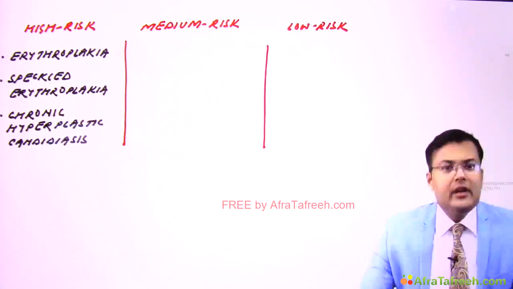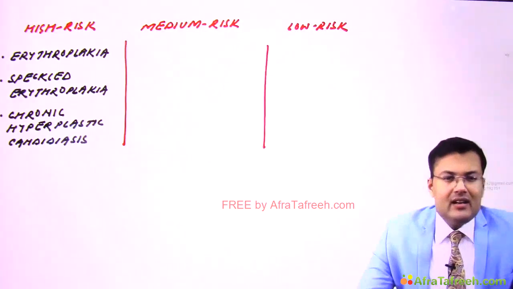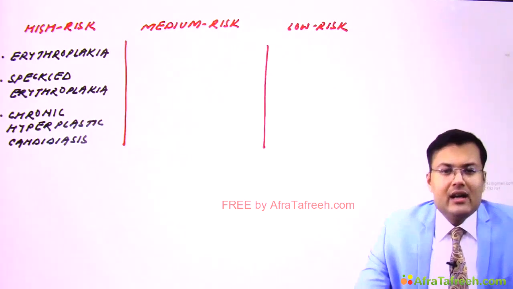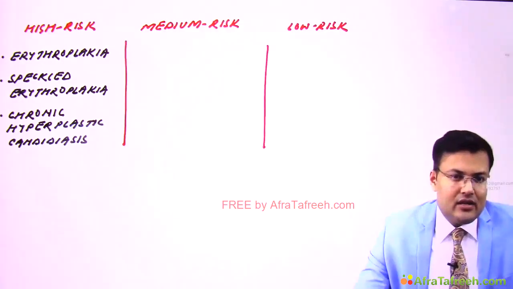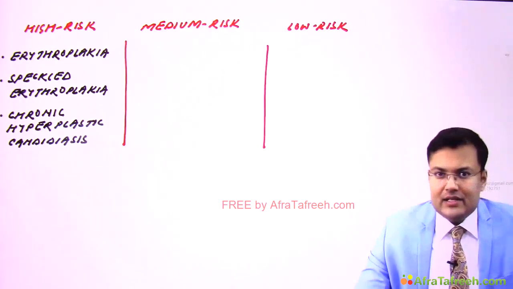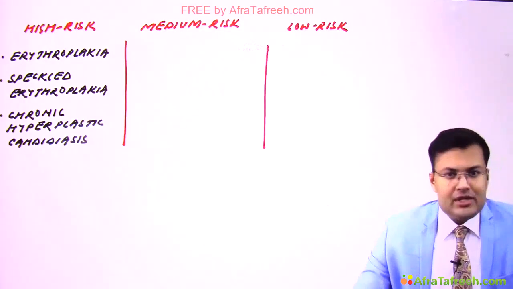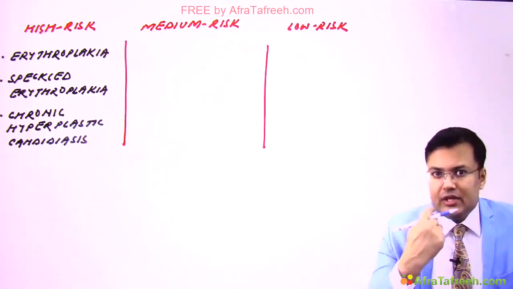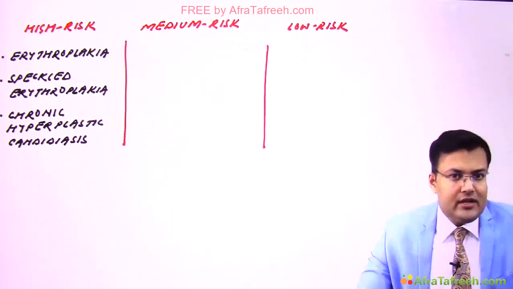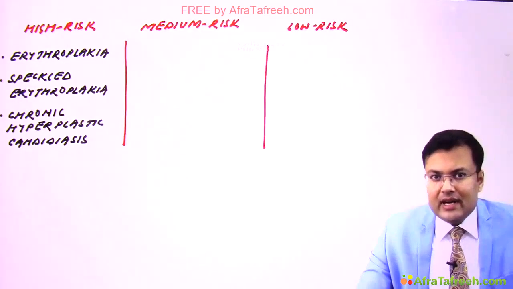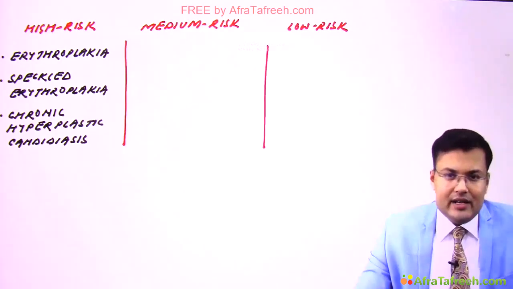So see the list: erythroplakia, speckled erythroplakia and chronic hyperplastic candidiasis. All these are high risk lesions for malignant transformation. There is a very important question which is frequently asked in relation to CA oral cavity. They give you 3 conditions. 1, leukoplakia. 2, erythroplakia. And 3, speckled erythroplakia.